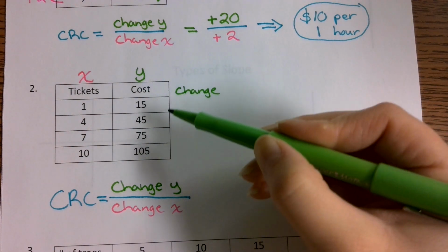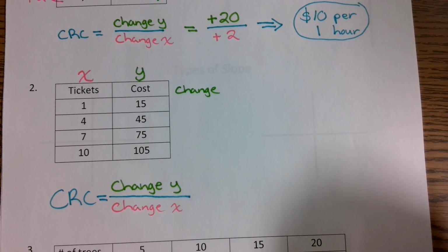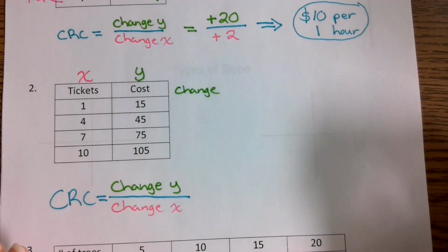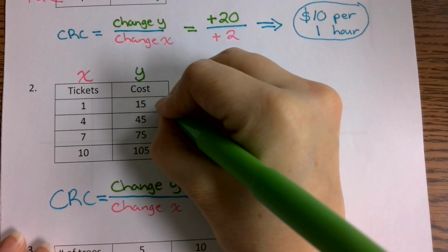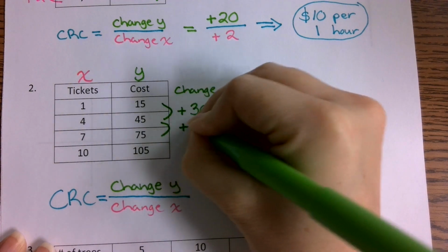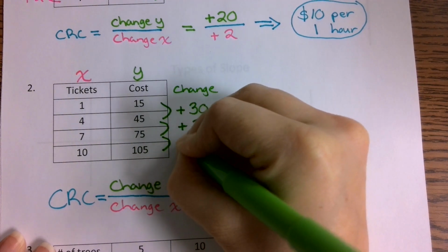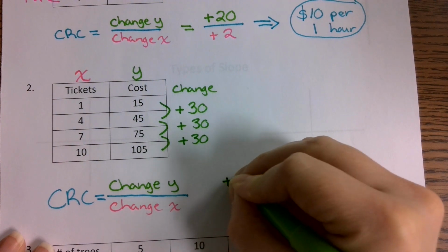We're going from 15 to 45 to 75 to 105. Daniel? 30. And are we adding or subtracting? Adding, right? We're increasing. Each one of these is increasing by 30. So our change is going to be a positive 30.